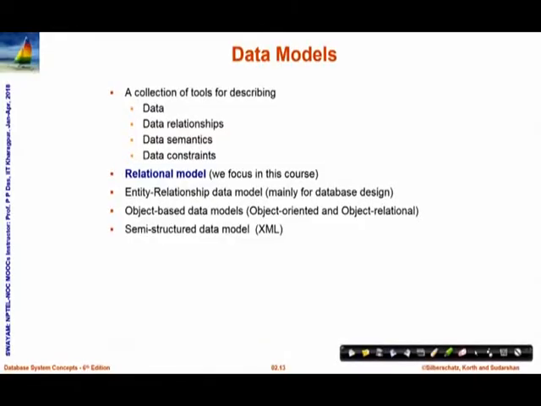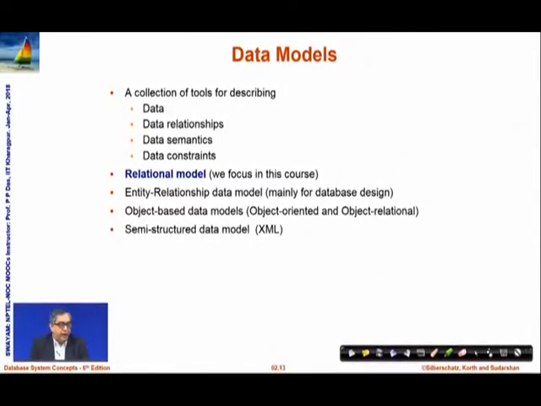The other model which has become very popular is called the semi structured data model. It is primarily in terms of XML. I am sure all of you would be familiar with the basics of XML, the extensible markup language, in which you can use tags and different markups to describe the data. You can say this is the field and this is the value, and this has become a very nice way to represent data. XML, or these semi structured models, are particularly useful today to exchange data between different systems.